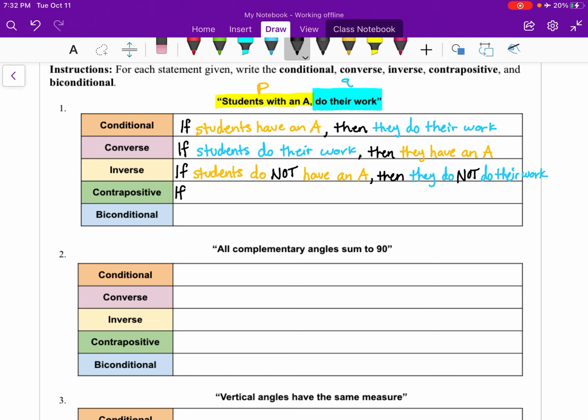So the contrapositive would say, if students do not do their work, then they do not have an A.